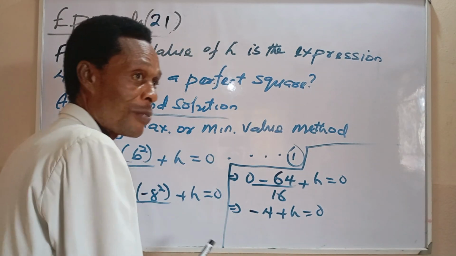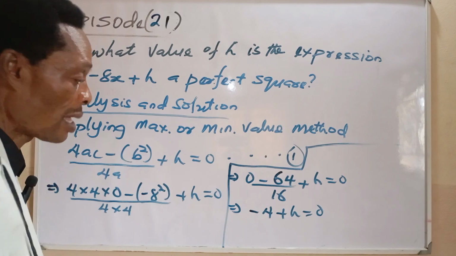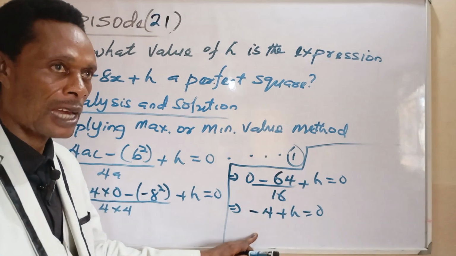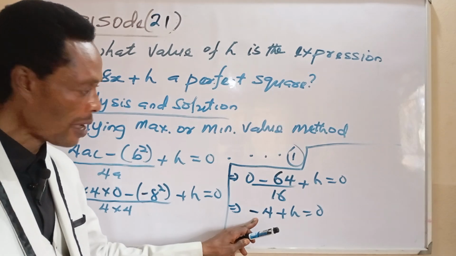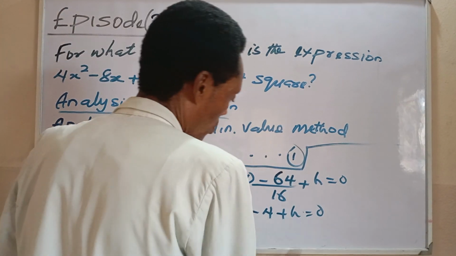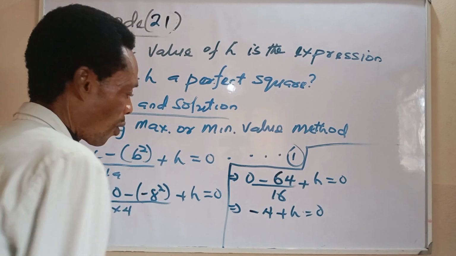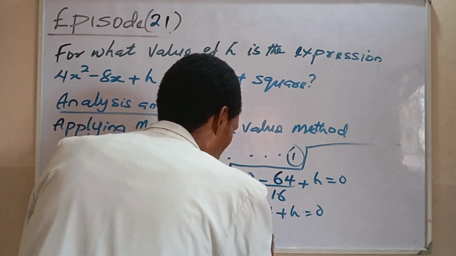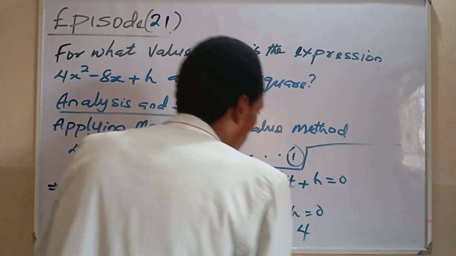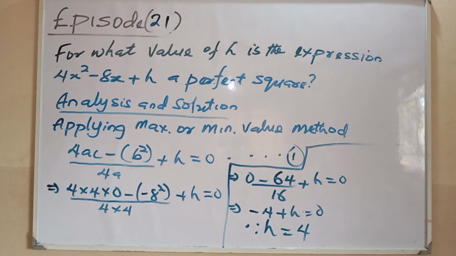Therefore, you have to make h the subject of the formula and move minus 4 to the other side. Since it is negative, if it crosses the equality sign, it will change to positive. Therefore now your h equals 4. You can now say that your h is equal to 4.